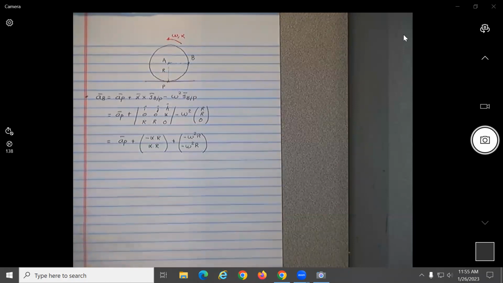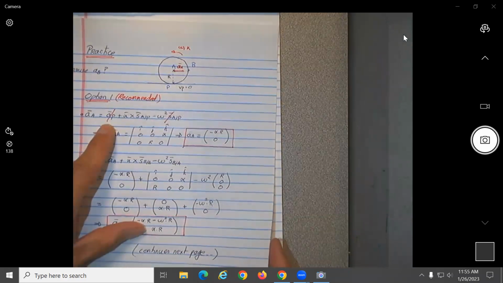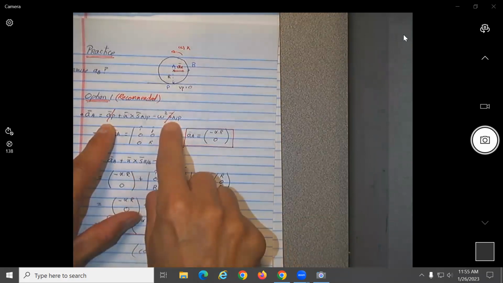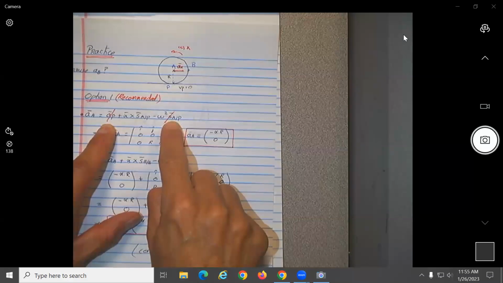So if you look, okay, let's stop over here for 1 second. What was A sub P doing over here? Yeah, but it was canceling what? The acceleration P is canceling the tangent. Not tangent, tangent and normal.